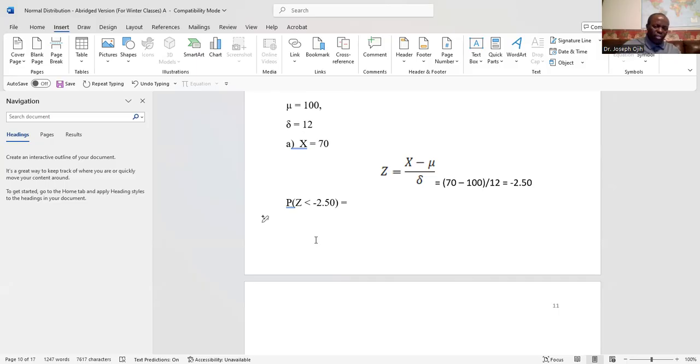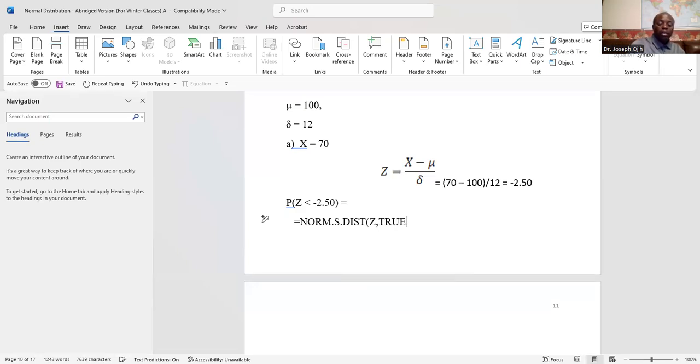Whenever it's on the left tail, you're going to use this formula for the left tail, because we want something less than that number: equals NORM.S.DIST, then you put the Z, comma, and then TRUE.